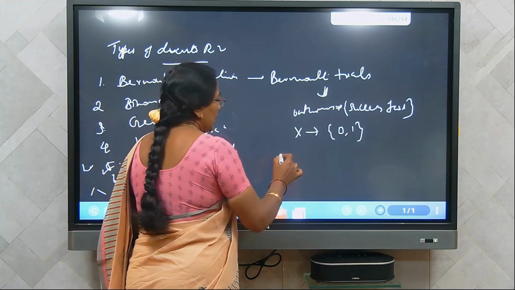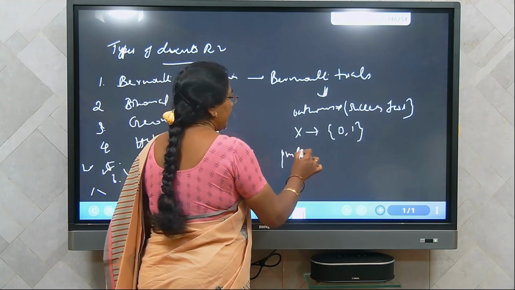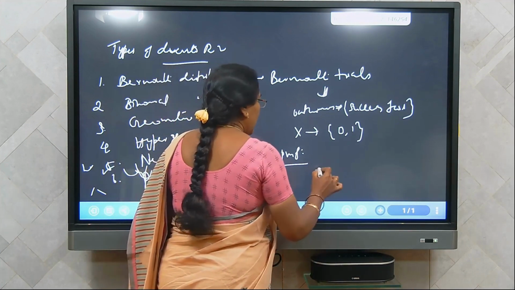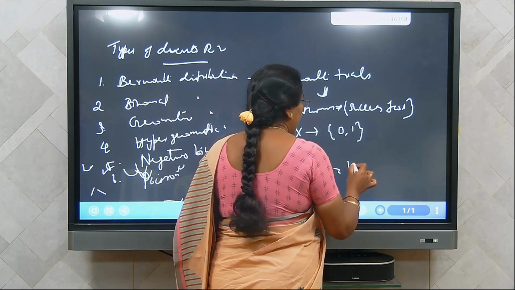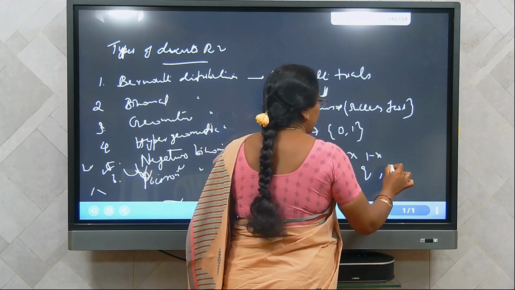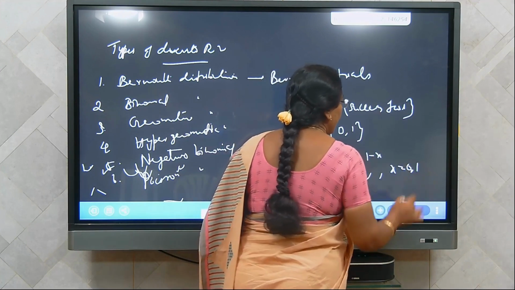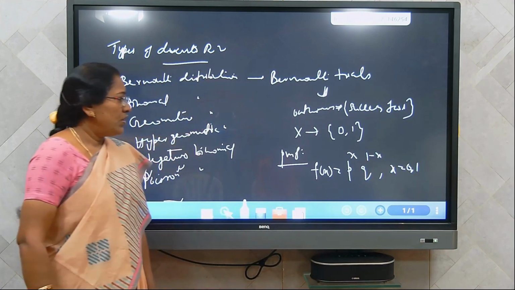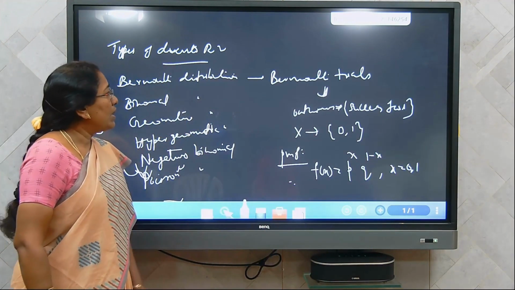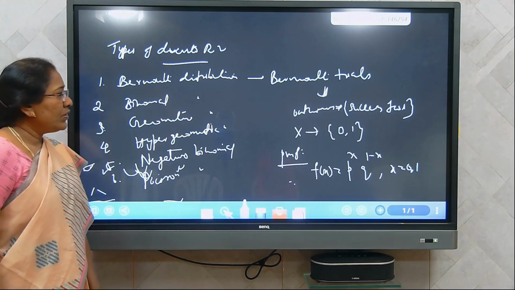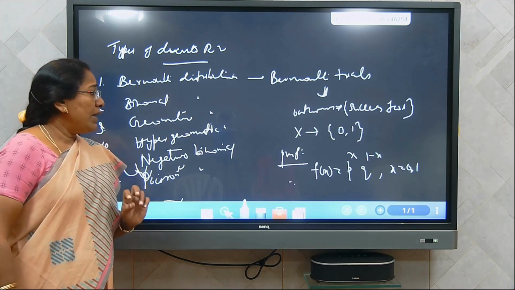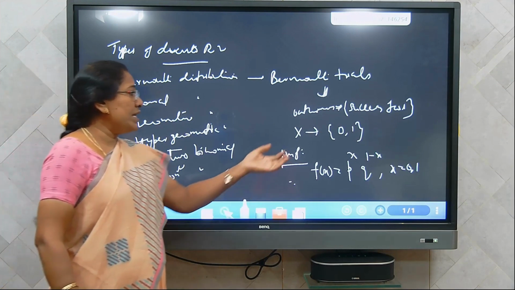The PMF of the Bernoulli distribution is defined by f of x equal to p power x into q power 1 minus x. Here x takes only two values, 0 and 1. So this is the probability mass function of the Bernoulli distribution. We can identify a Bernoulli distribution by considering the possibilities of outcomes.